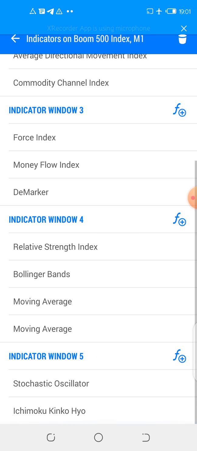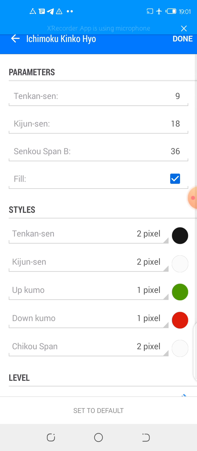Then we come and add Ichimoku. The Ichimoku this time round is a bit changed. Tenkan-sen is 9, Kijun-sen is 18, Senkou Span B is 36. Kijun-sen is the same as the background color, same for the Chikou Span.